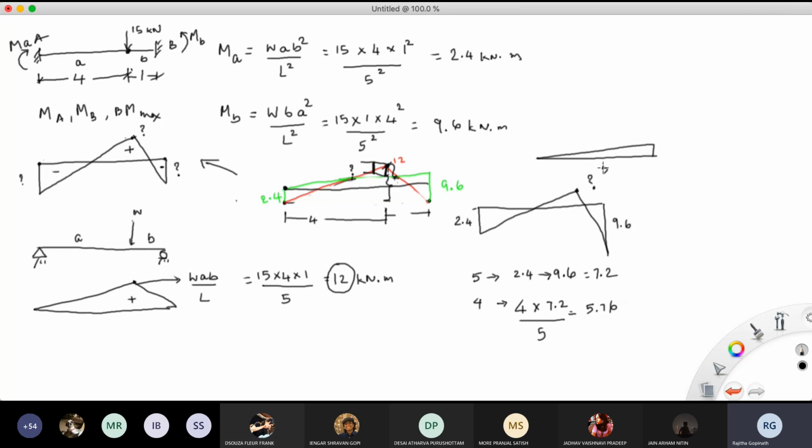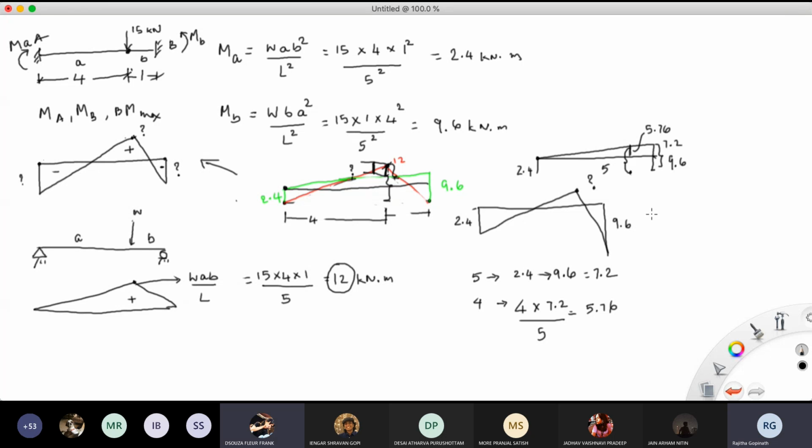For a distance of 5 meters, it is increasing by 7.2, because below it is 2.4, and this whole thing is 9.6. Now I figured that if this is zero, if I started from here, then this line is zero. From zero, when I am going 4 meters, I am getting this value as 5.76. So from here to here has to be 5.76 plus 2.4. Okay?